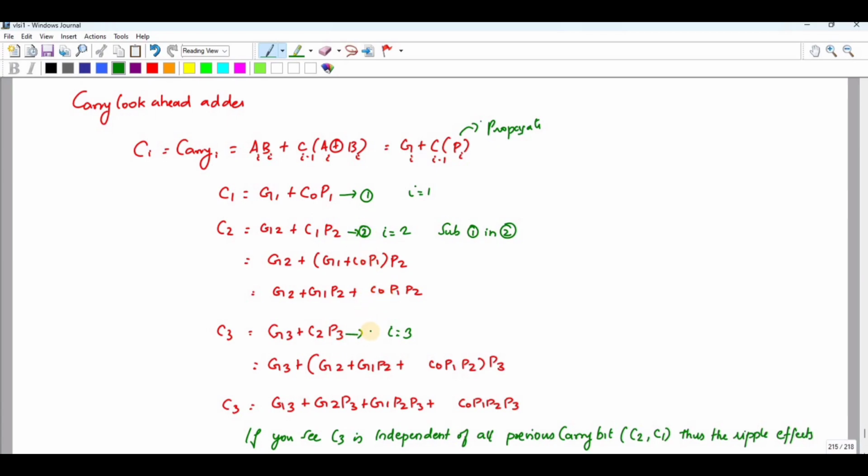If I substitute the previous equation in the third equation, I will get this fifth equation. So this C3 is independent of the previous values, like C2 and C1. Thus the ripple effect is getting eliminated.